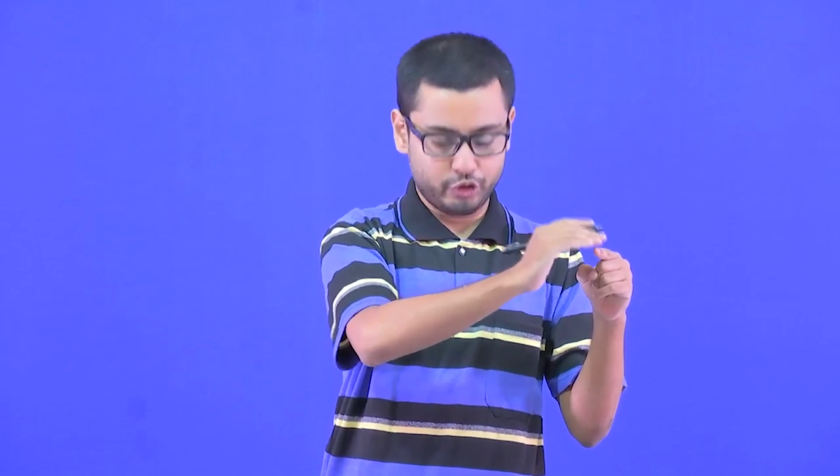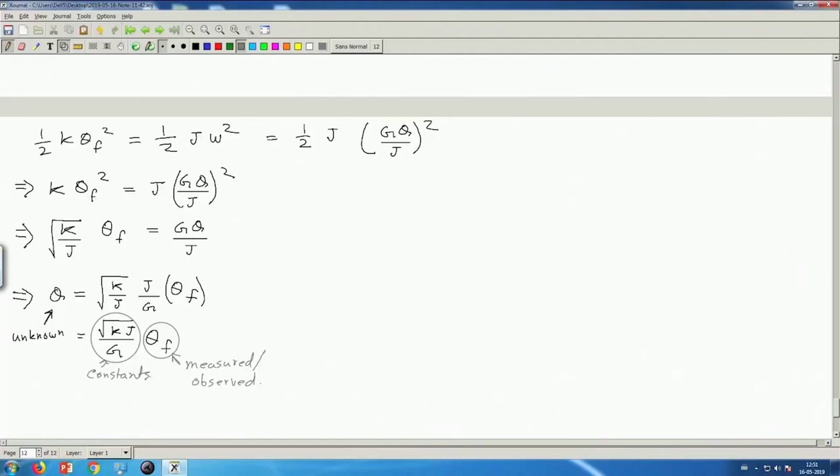This theta f, if we observe this amplitude, we will put it in this expression and we can find the value of Q. So, this is how we can find the value of unknown charge using a ballistic galvanometer, and this will be important later on when we talk about magnetic measurements.